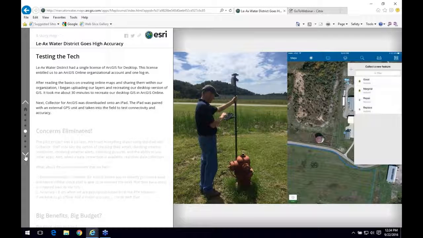So Travis, I see in the picture that you have your iPad device on a pole. It looks like you have your receiver there at the top. Do you want to talk about how you configured that and tested it for the high accuracy part? Sure. So we did some online searching for the receivers that we wanted to use.